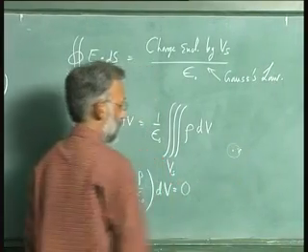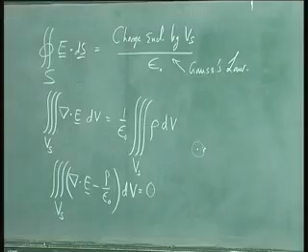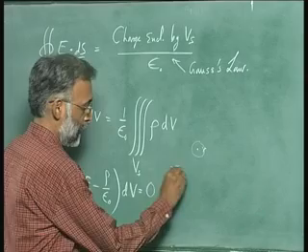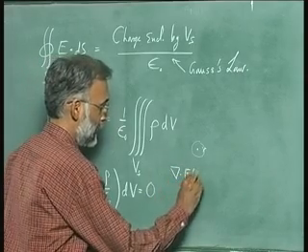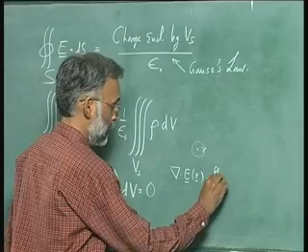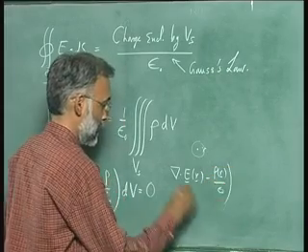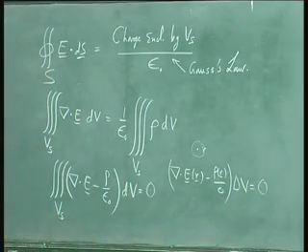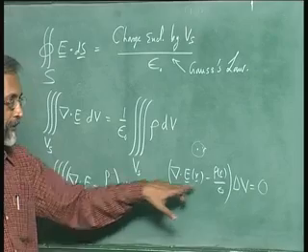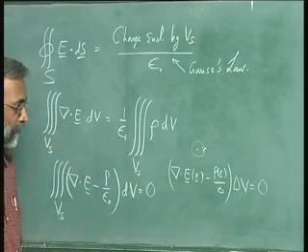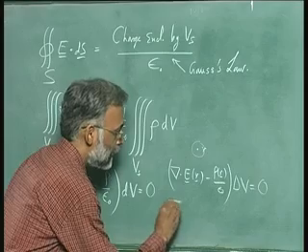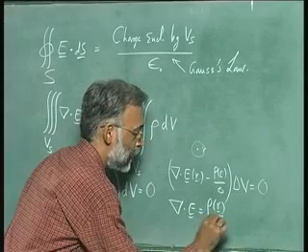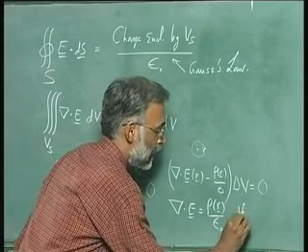So, I can take a volume just around that point, which means that this volume integral will become divergence E at that point r minus rho of r over epsilon naught times delta V is equal to 0. Delta V is not 0, so it must be that this bracket is 0, which means divergence E is equal to rho over epsilon naught for all r.